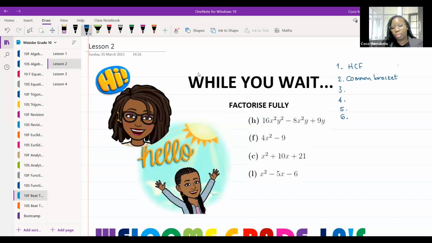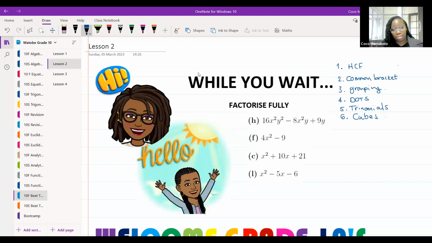And then from common bracket, we had grouping. Grouping leads us into common bracket, right? And then we had dots. And then we had trinomials, excellent. And the very last one that we did, that's it, Amy, excellent. We did cubes, good.